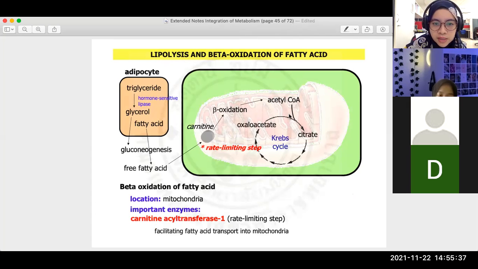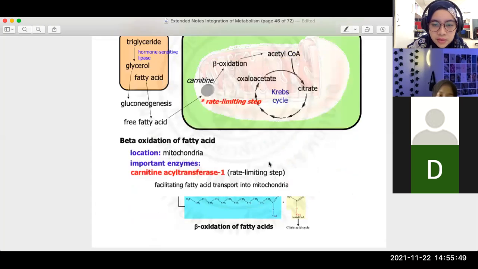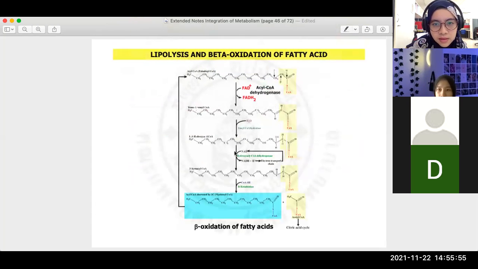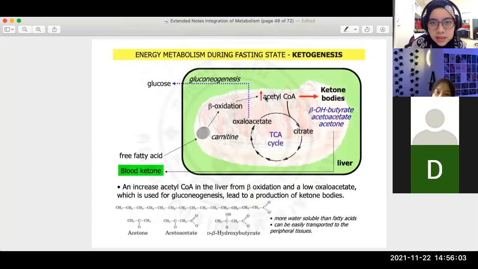This process takes place in the mitochondria, and the important enzyme would be carnitine acyltransferase 1. So in the fasting state, it will be lipolysis and beta oxidation of fatty acid.